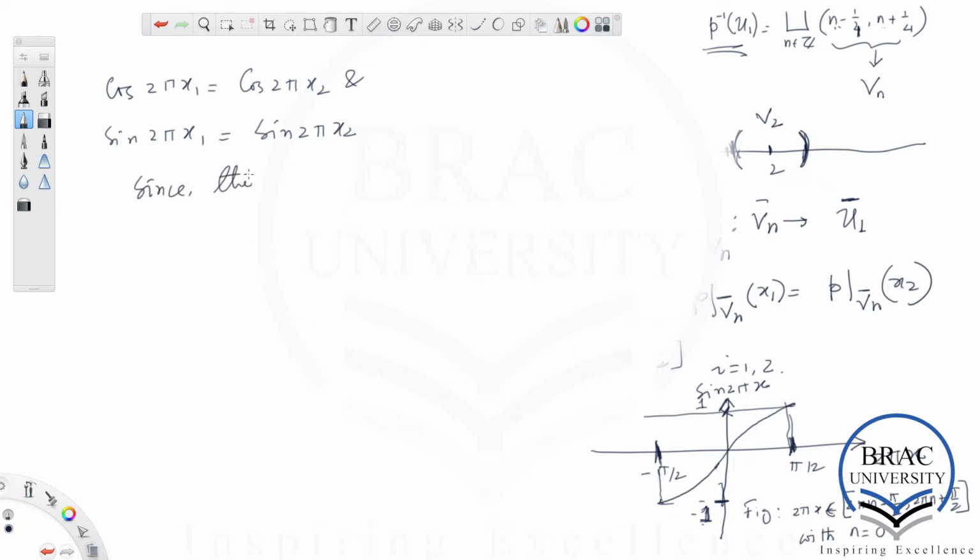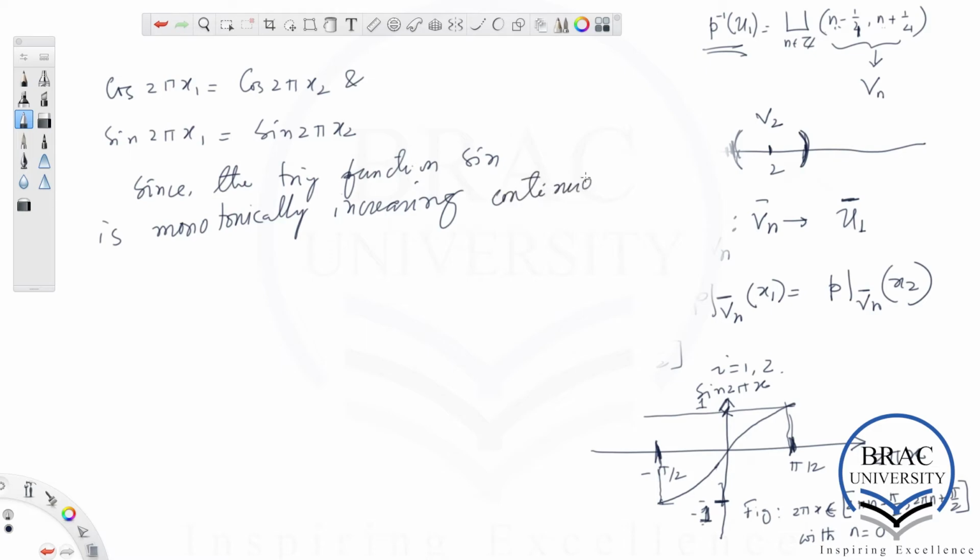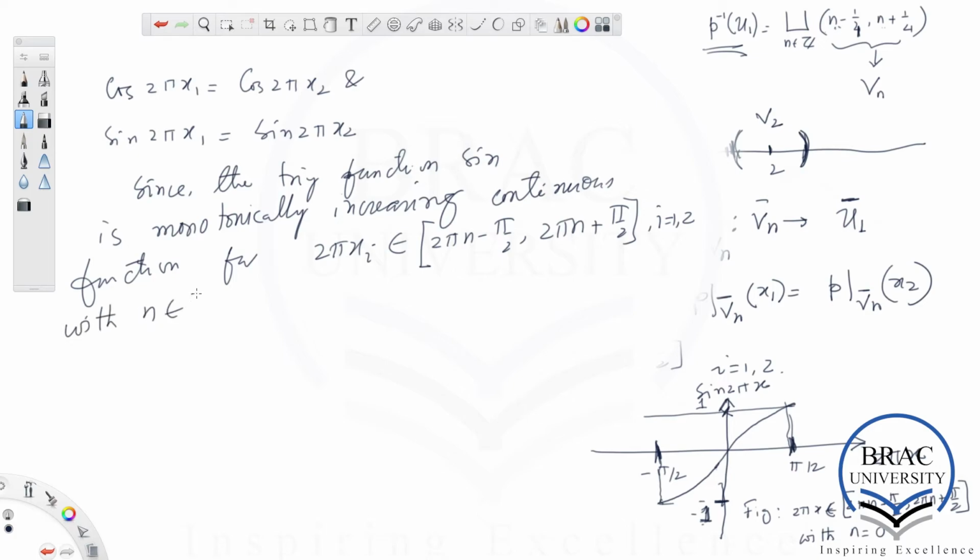Since the trig function sine is a monotonically increasing continuous function for 2 pi xi in this interval, 2 pi n minus pi over 2 to 2 pi n plus pi over 2 for i equal to 1, 2, with n belonging to the set of integers.